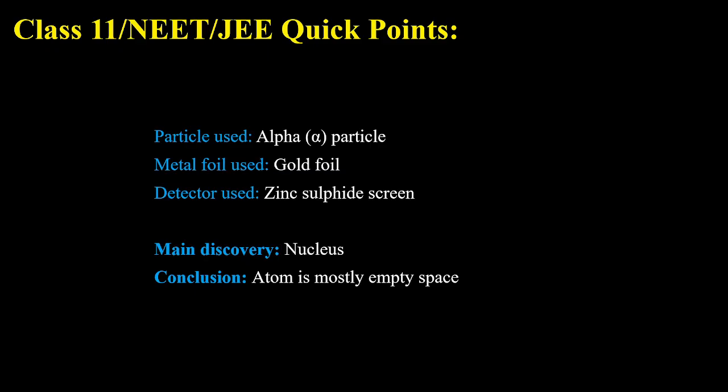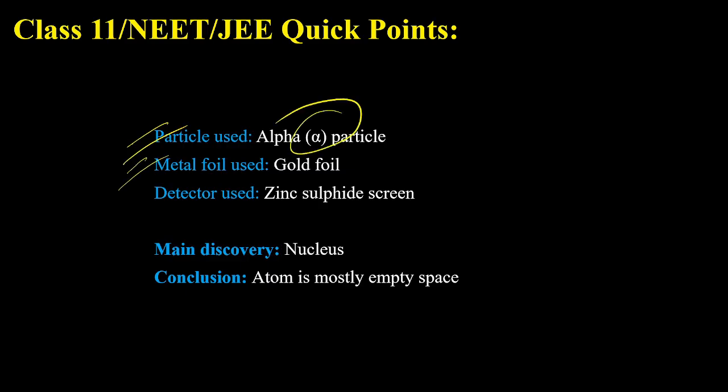So now I shall point out some quick points that usually come in class 11 exams as well as in NEET and JEE exams. The particle used in Rutherford's experiment was the alpha particle.